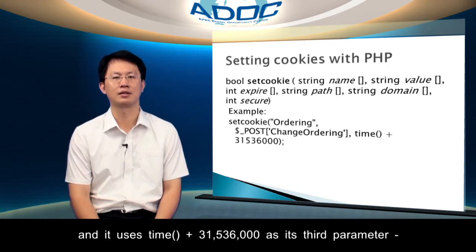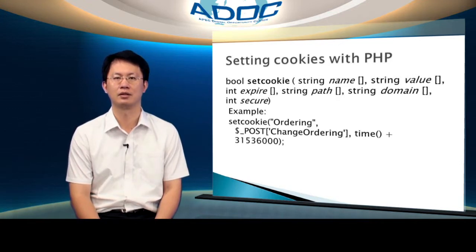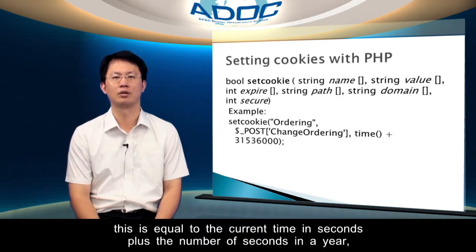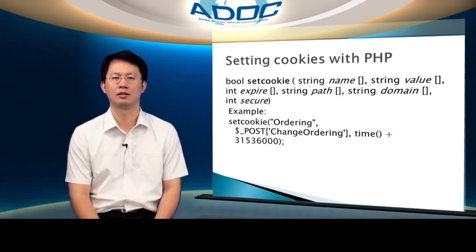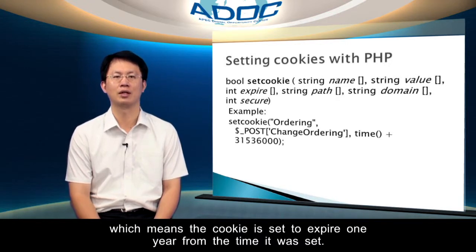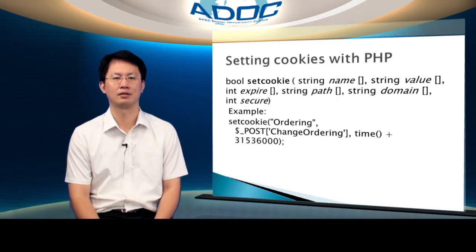It uses time plus 31,536,000 as its third parameter. This is equal to the current time in seconds plus the number of seconds in a year, which means the cookie is set to expire one year from the time it was set.